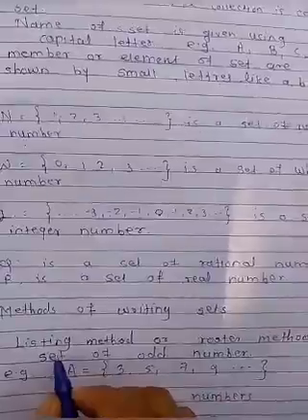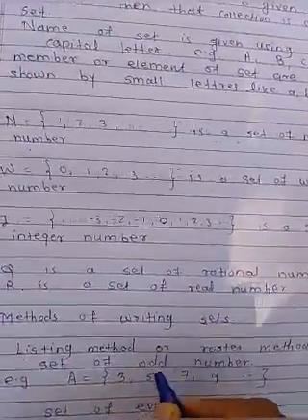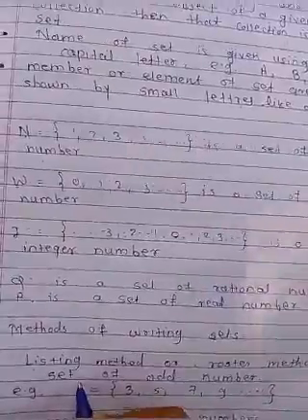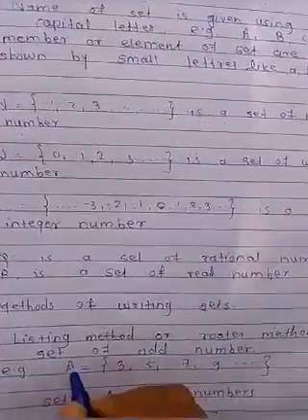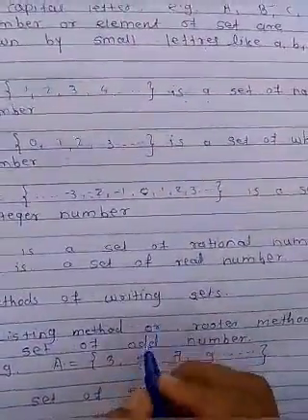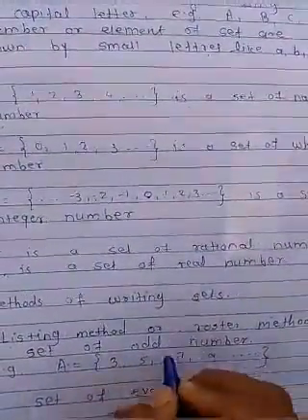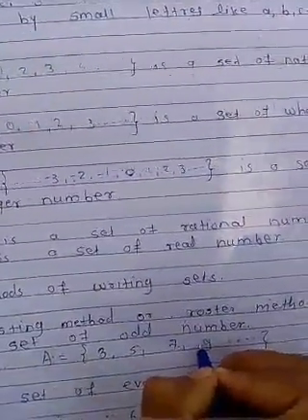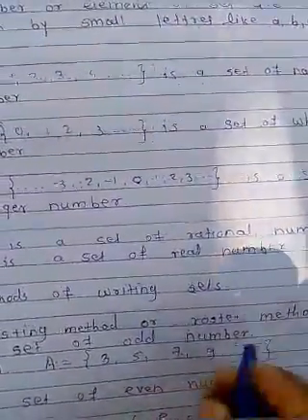Here is one example, the set of odd numbers. We can give the name of this set by a capital letter A. And what is the set? The set of odd numbers is 3, 5, 7 and 9. These are the odd numbers of the set.